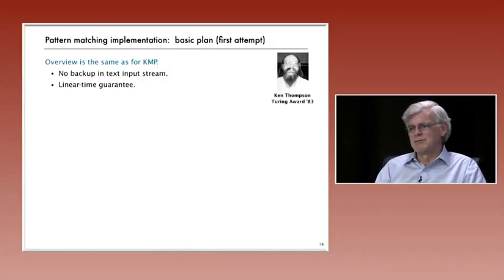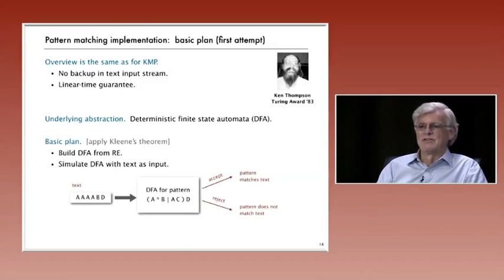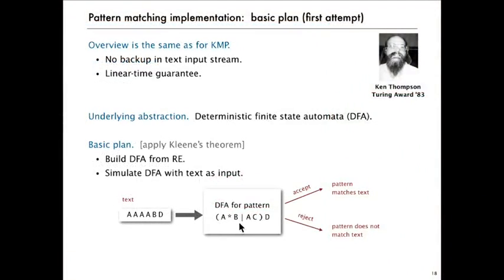So we just get a finite state machine, but for Knuth-Morris-Pratt, we built a machine for recognizing the one string. How about building one for multiple strings? And that would give us a linear time guarantee. So the underlying abstraction is a deterministic FSA or DFA. And the basic plan is to take your pattern that describes a set of strings and use that to build a DFA, and then simulate the DFA with the text as input, same way we did for Knuth-Morris-Pratt. And if it accepts, we say we have a match. If it rejects, we don't have a match.